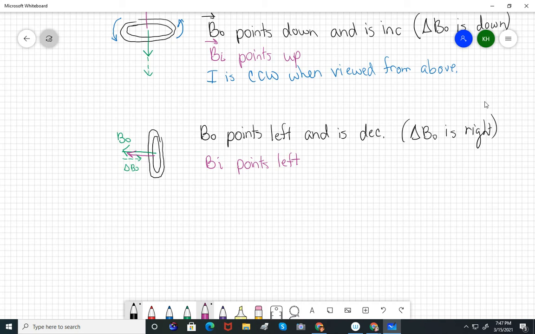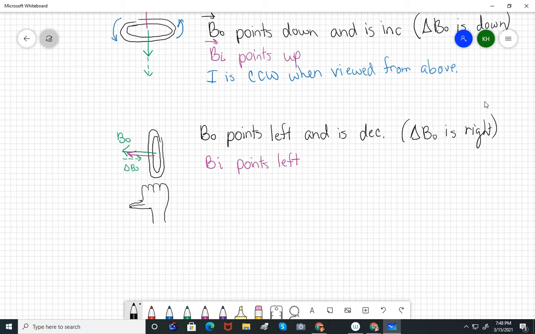So if I take my right hand and point my thumb, I can see how the current will flow. If I view it from the left, so you picture looking straight at your thumb, here's what my hand looks like. If I put my thumb out this way, my fingers have to curl like that.